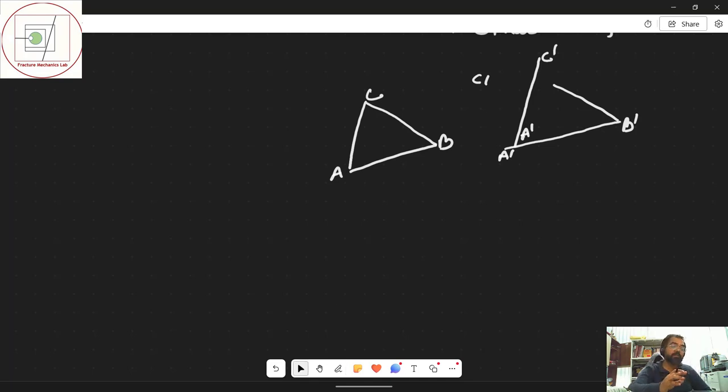The strain compatibility condition imposes that these three nodes should be connected if there is a deformation. This is what it means in simpler language.